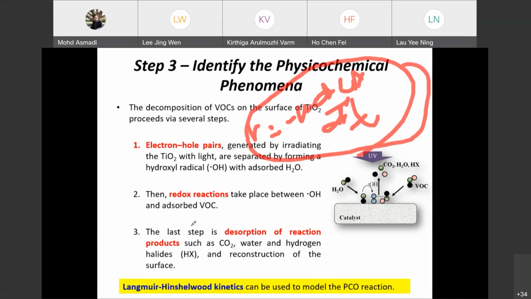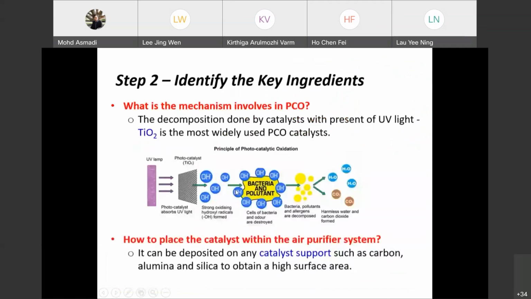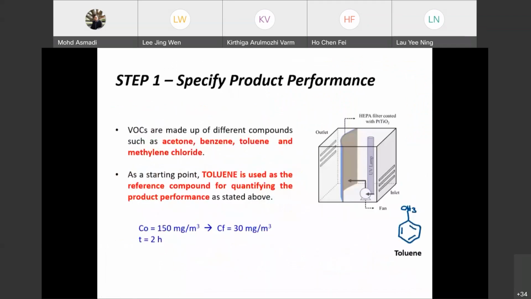Why do we consider it? The main thing is the decomposition within 2 hours. That's why you need Langmuir-Hinshelwood, involving the initial concentration and also the final concentration.